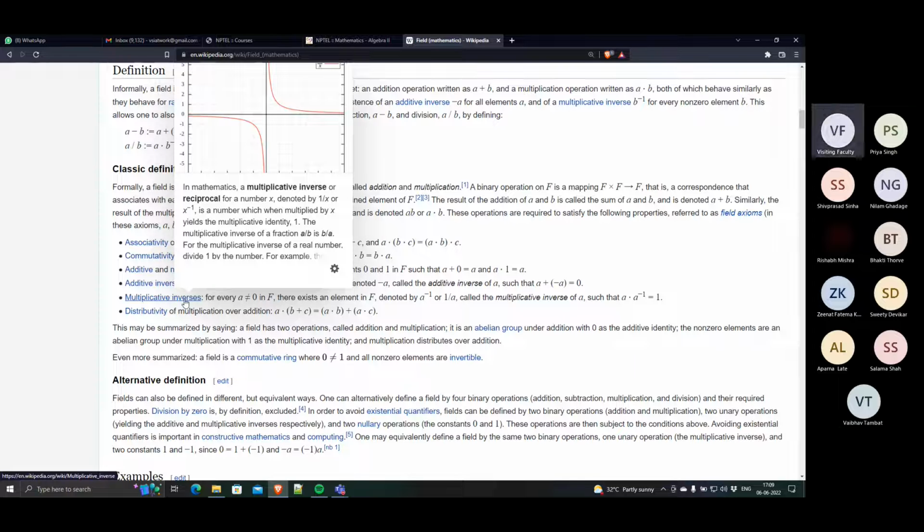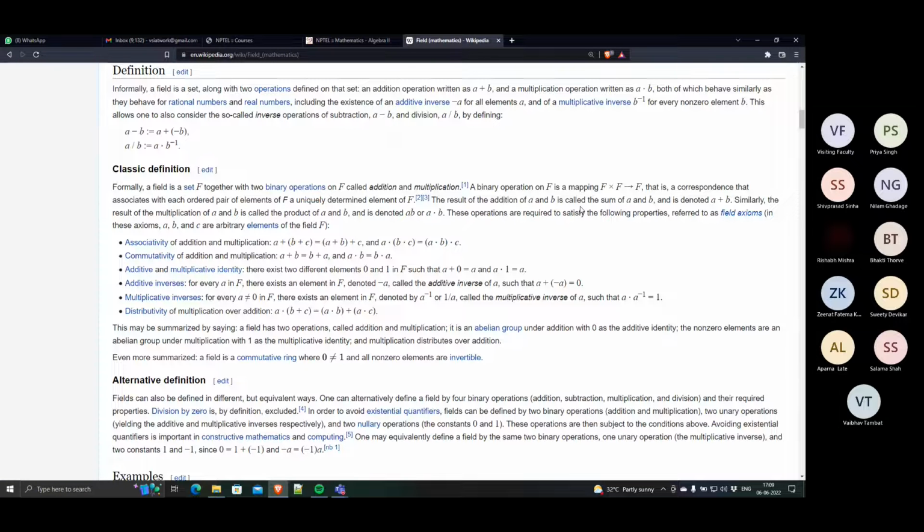Z mod 4Z मैं जब कह रहा हूँ आपको समझ में आ रहा है ना what I mean? Give me one non-zero element that is not invertible in Z mod 4Z.